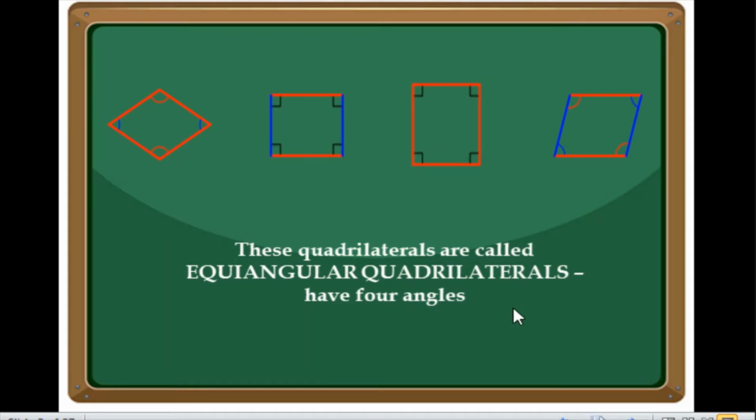Because they do have 4 angles, just like this one. Let's count. 1, 2, 3, 4. Basically, shapes that have 4 angles, you can call equiangular quadrilaterals.